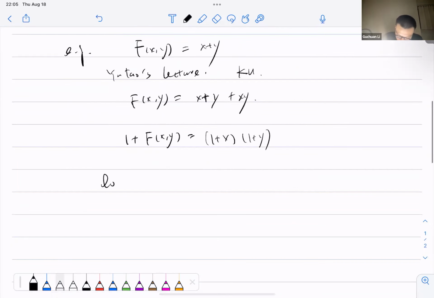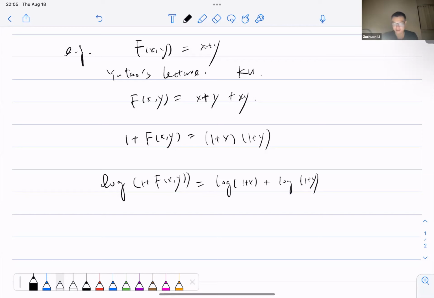And if I take the logarithm, then the right-hand side looks additive. You see, the right-hand side becomes log(X+1) plus log(Y+1).